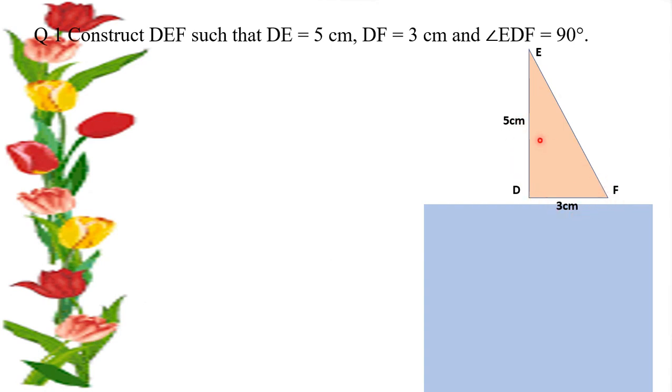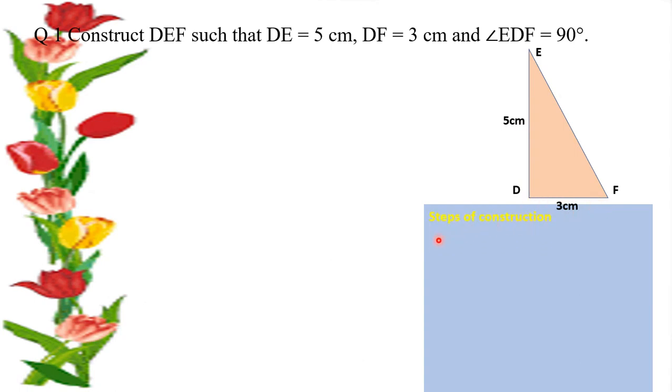Now on the basis of this rough figure, we can take any side, DF or DE, as a base and construct the right angle triangle. So we take DF as the base.